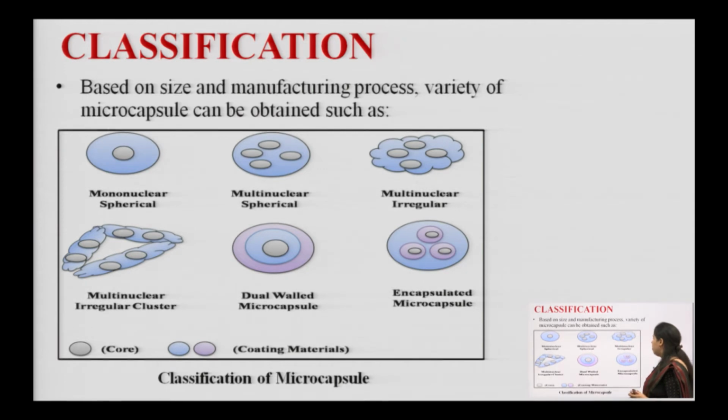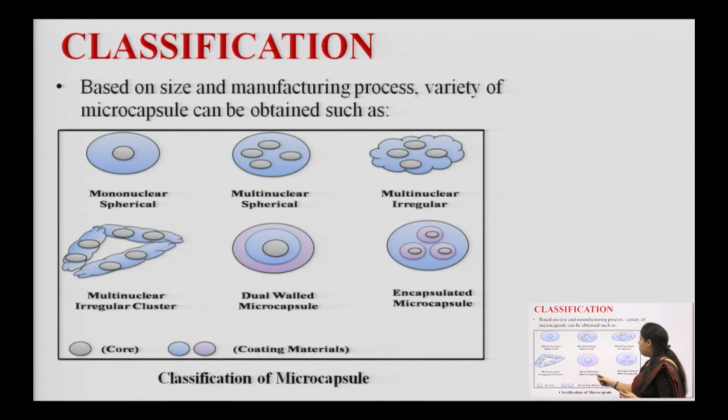In the multinuclear irregular shape, the outer layer of polymer is irregular in shape, not spherical. The multinuclear irregular cluster represents a cluster formation of polymer with the drug particles within it. It is not uniform, but you can have this type of cluster during preparation of microspheres.